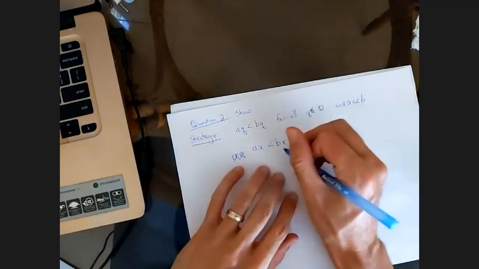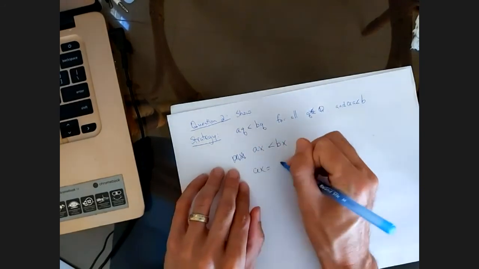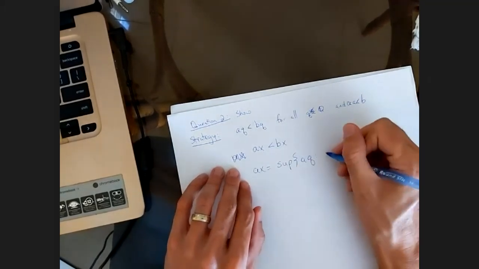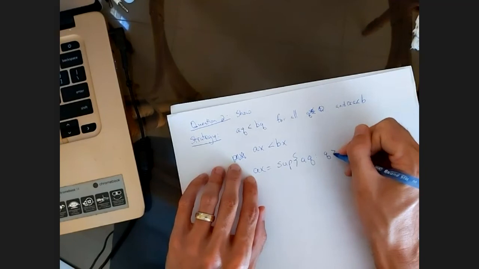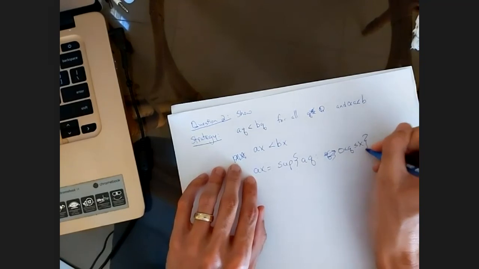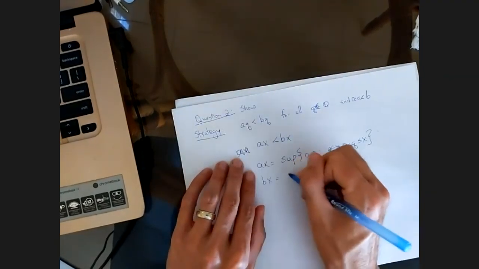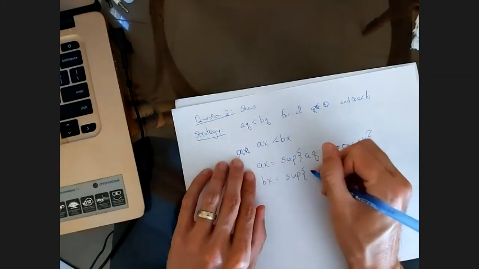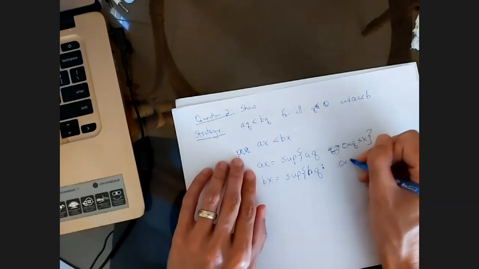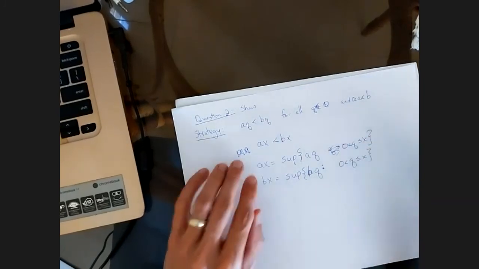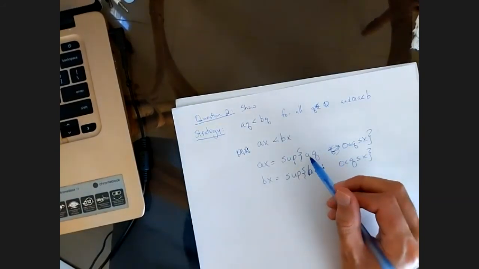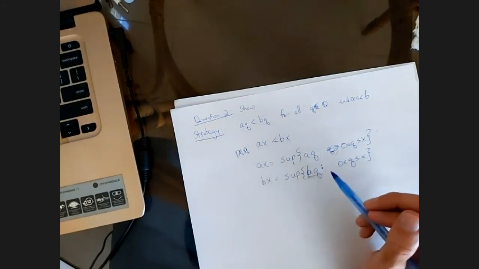And the reason you can do that is because AX is just going to be the sup of AQ such that Q is at most X. And BX is going to be this sup. Then you can show that everything here is less than everything here.